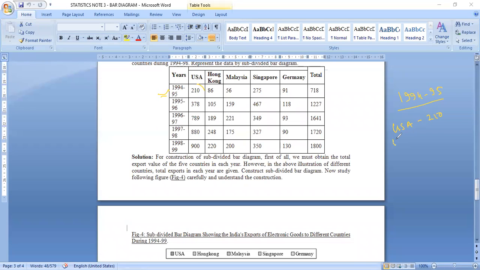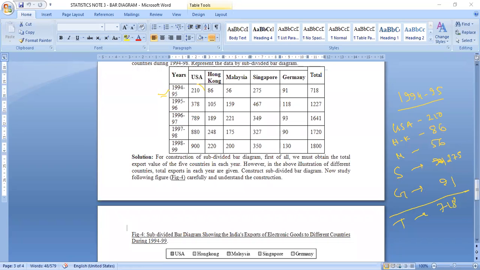Then Hong Kong 86, Malaysia 56, Singapore 91, Germany 275. Total, you can say 718.